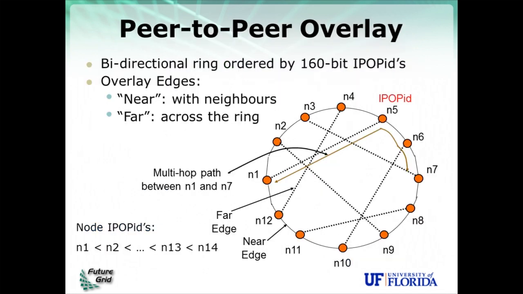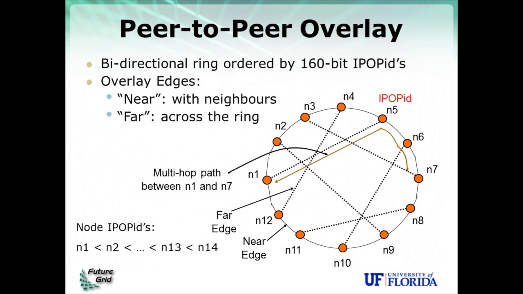What you have now is an overlay that's formed as a structured peer-to-peer system. The nodes, the virtual routers in the previous slide, would be the nodes N1, N2, etc. in this example.